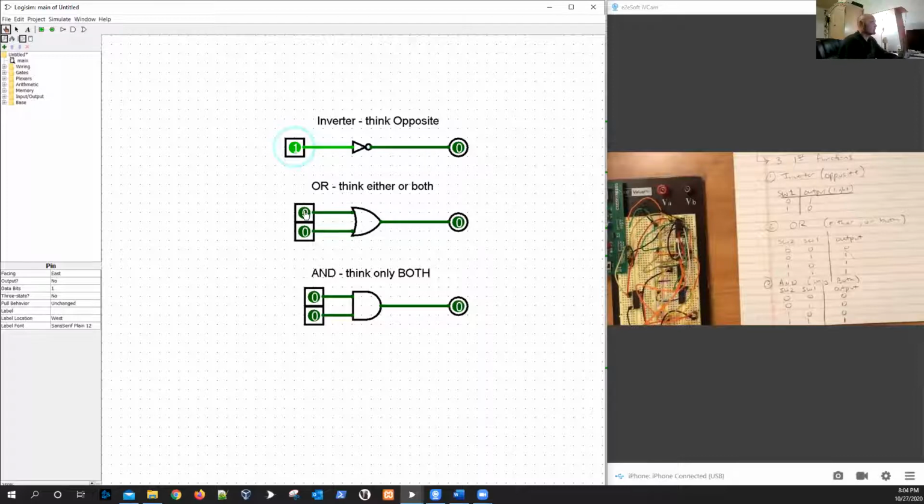With the OR, if either one of them is on, or both of them together. And then finally the AND, they both have to be on. And these shapes here define these particular switching algebra functions that we just talked about.